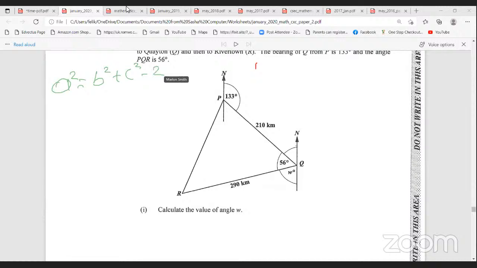If he makes a mistake, please correct him. Marlon, did you look at the formula? Yes, miss. It's not writing properly, but it's supposed to know it.